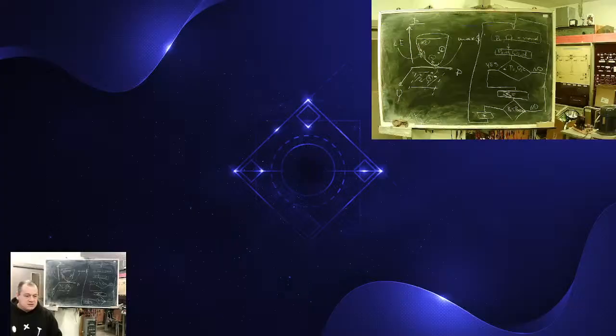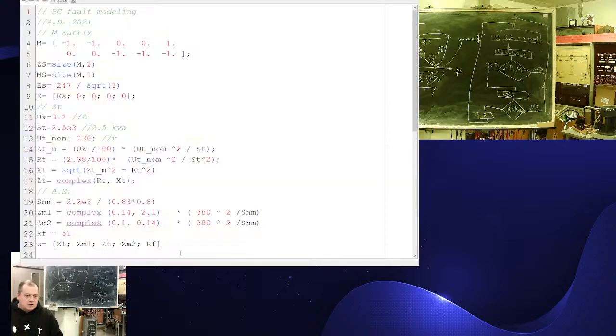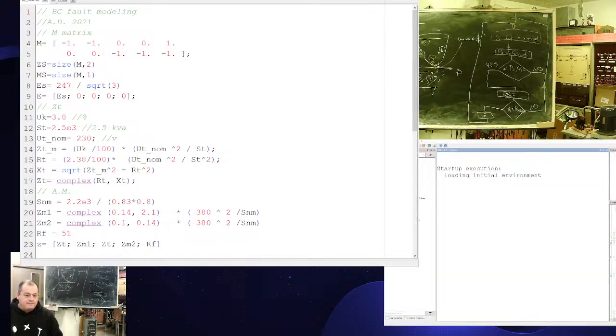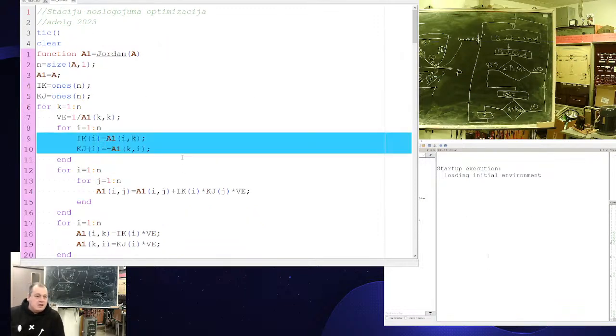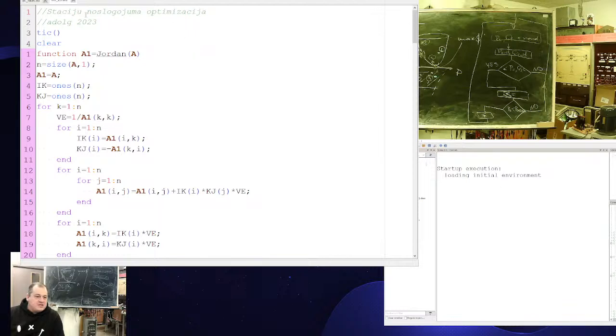Where is my silver? Something not working. Why? Oh, now it's okay. Now I can open this. Optimization of station or flash one. Let's go.